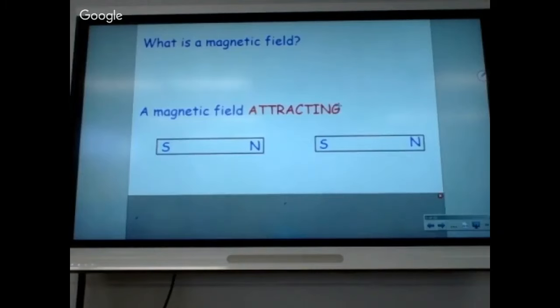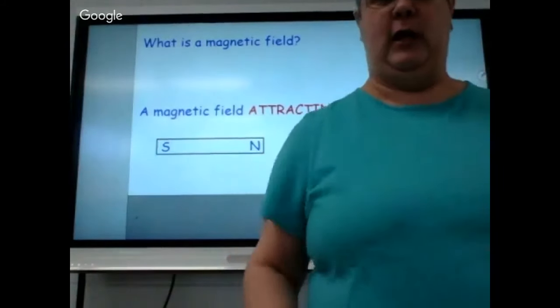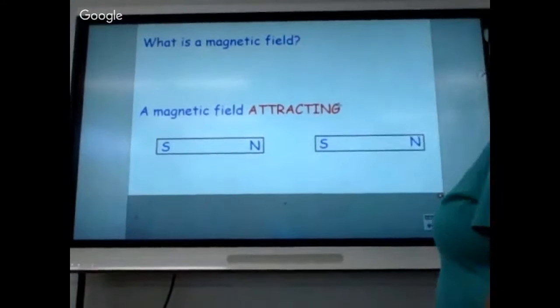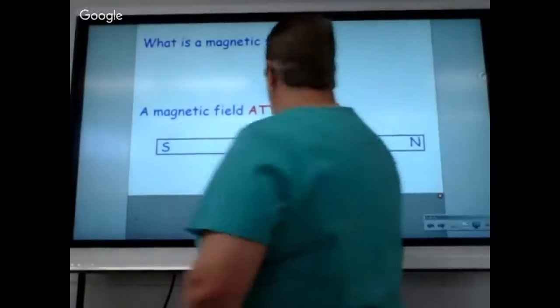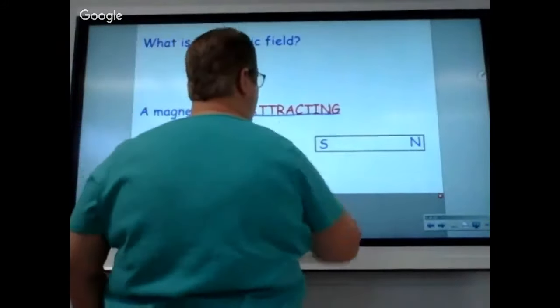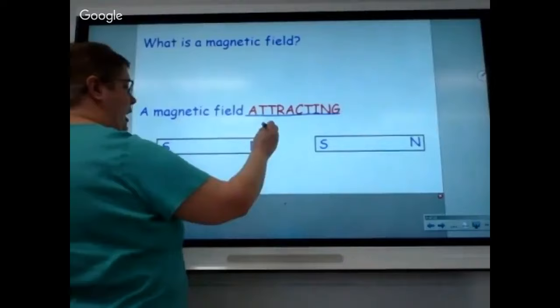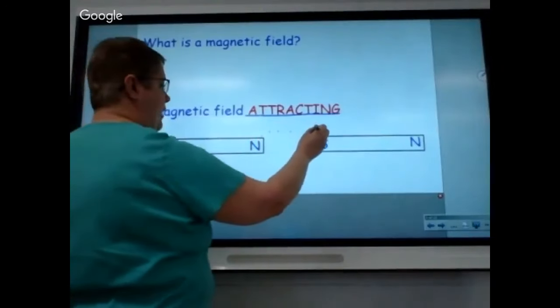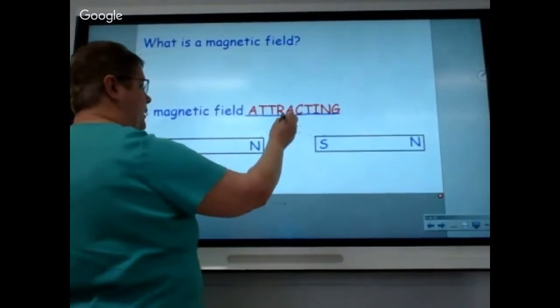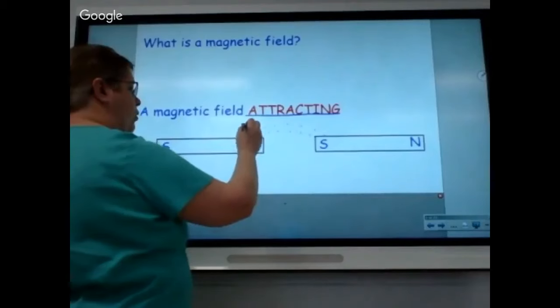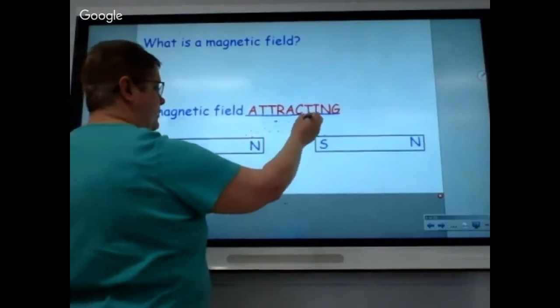Now, when you look at a bar magnet, we're going to take iron filings tomorrow, and we're going to sprinkle them. When they're attracted, the iron filings are actually going to make an arcing pattern between the north and the south pole of the magnet.